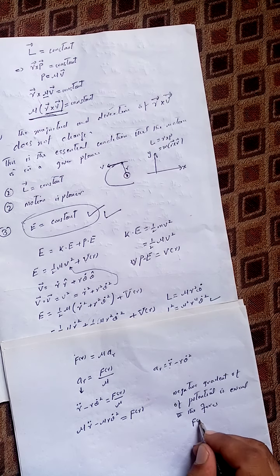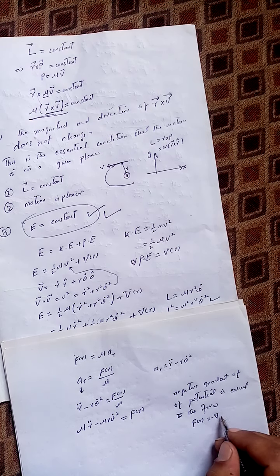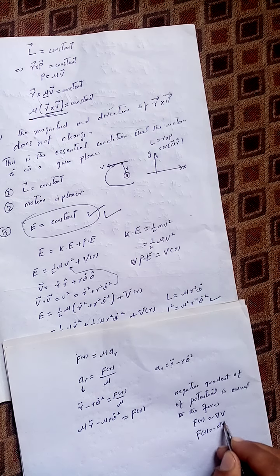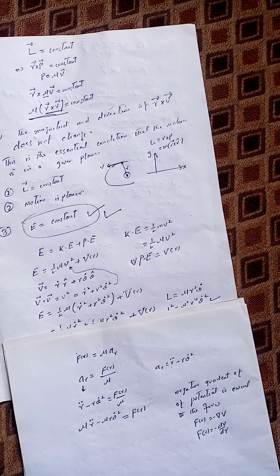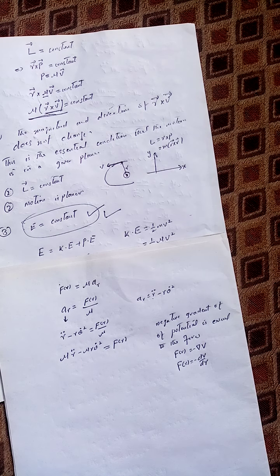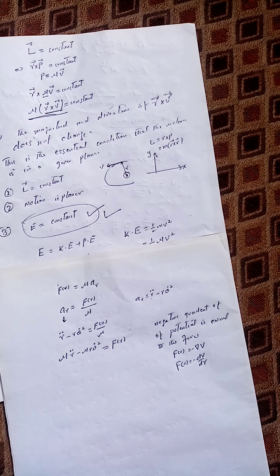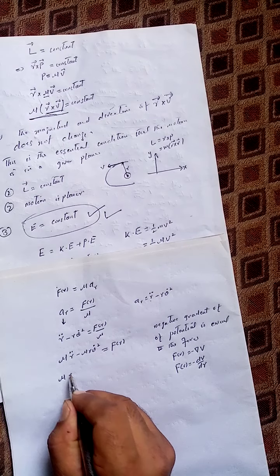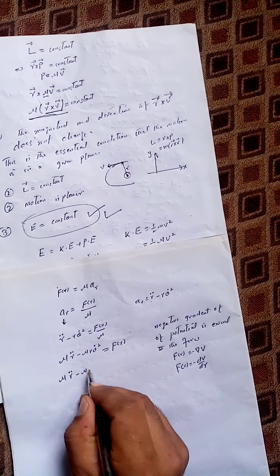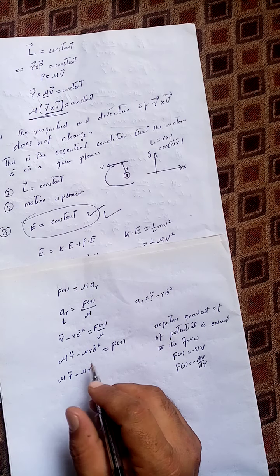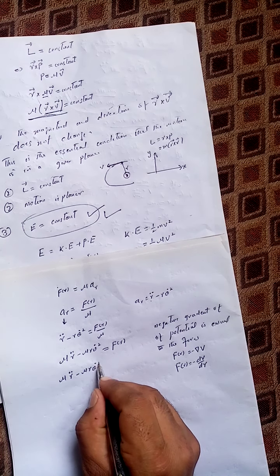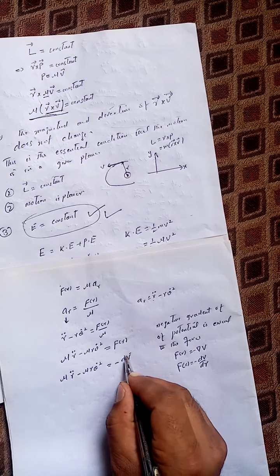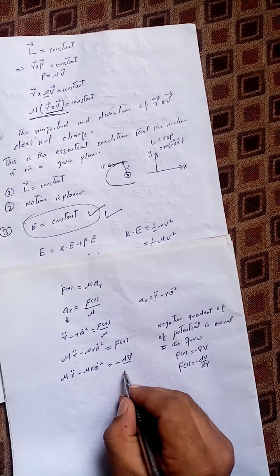Or we can say that F of r is equal to minus gradient of V. Or we can write F of r is equal to minus dV over dr. So here we have mu r double dot minus mu r theta dot square is equal to minus dV over dr.